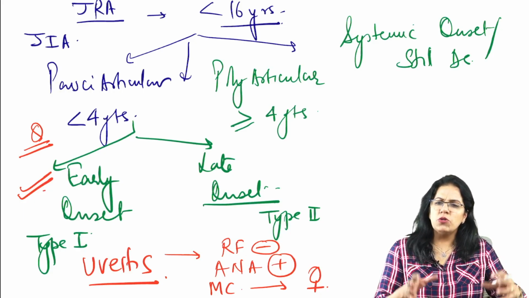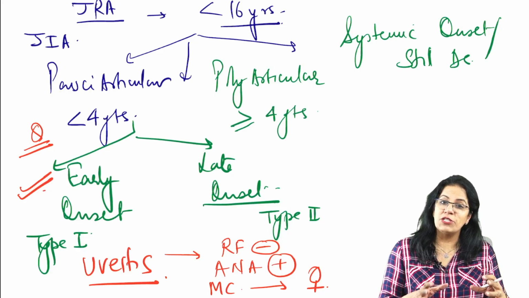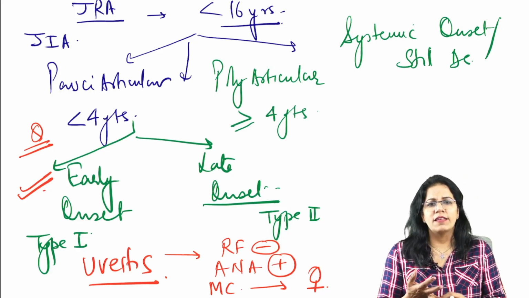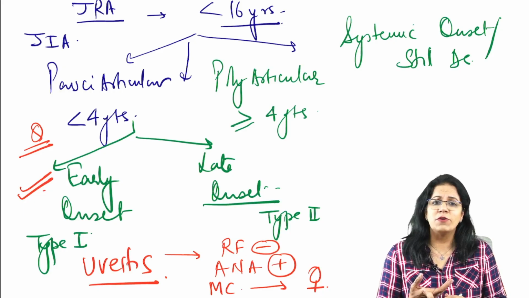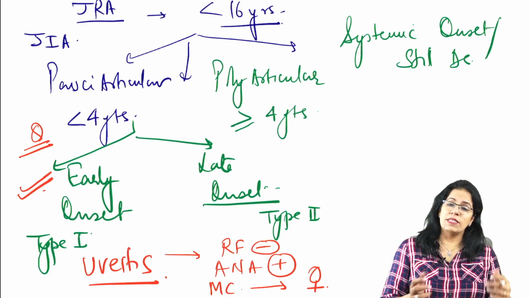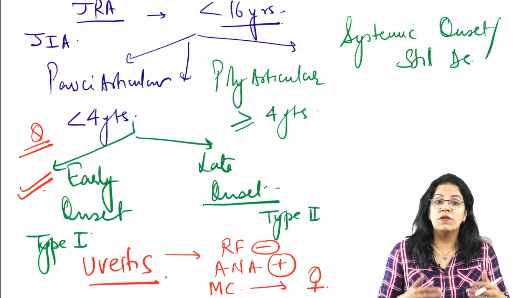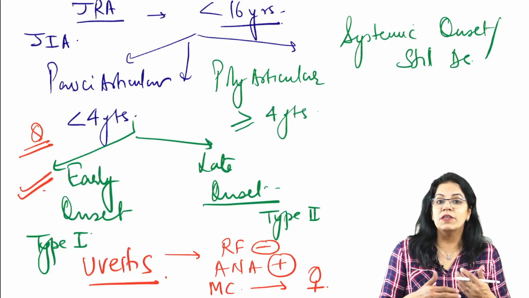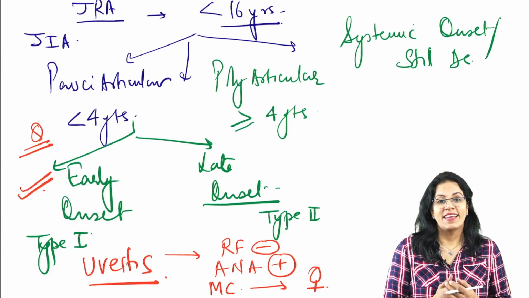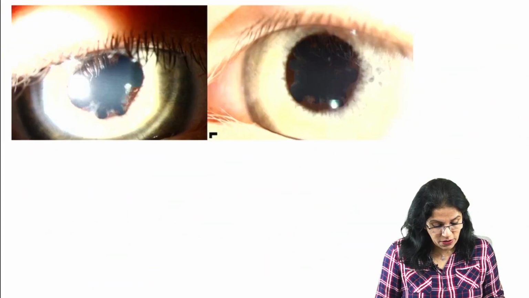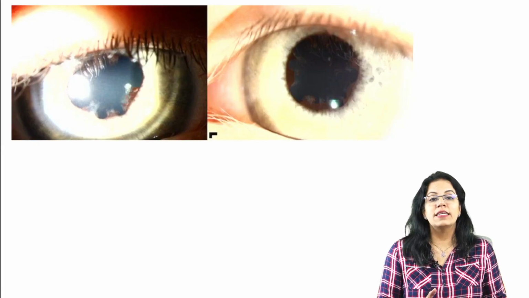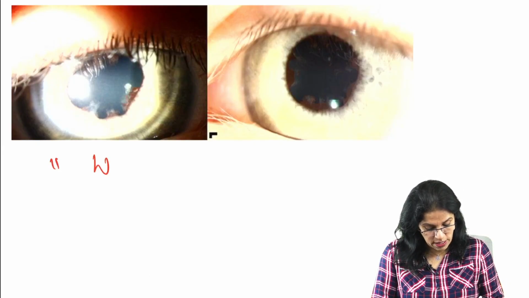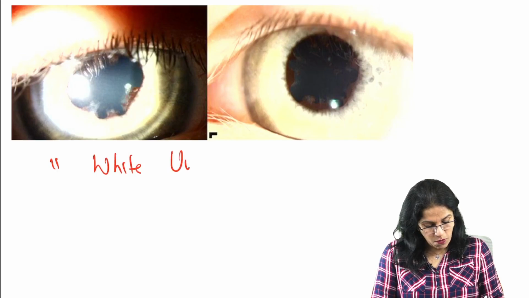So it's a slow smoldering inflammation. The eye is not red, not much pain, no photophobia, no blepharospasm. So how will this child present to you? The child presents only when there are complications like cataract, glaucoma, which can happen after long-standing uveitis. Because there is no serious redness, we call it white uveitis. So another name of JRA is white uveitis.